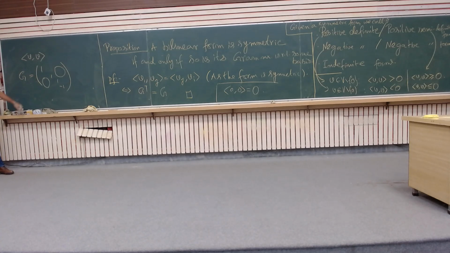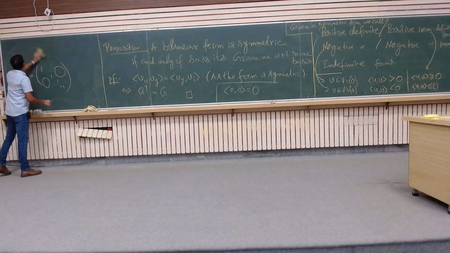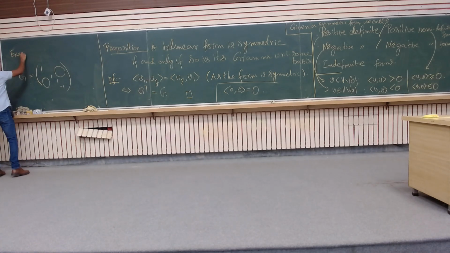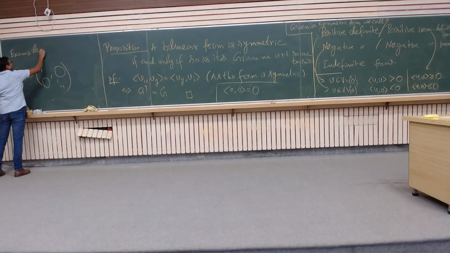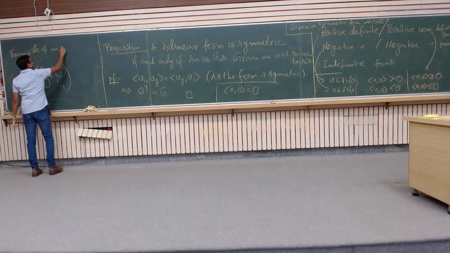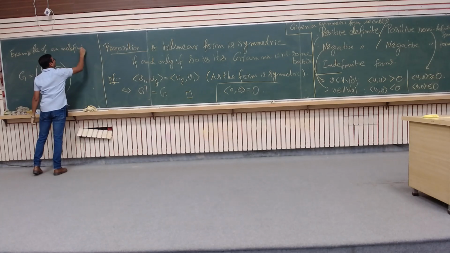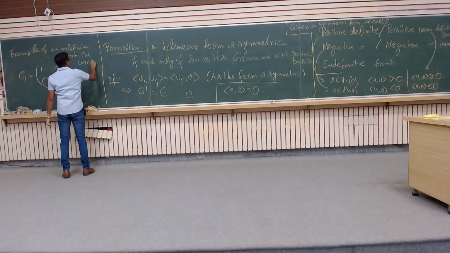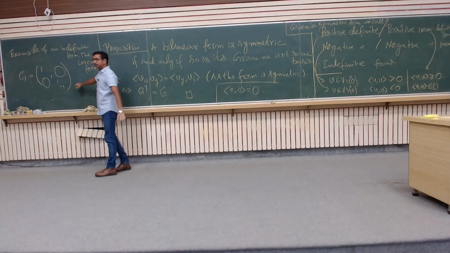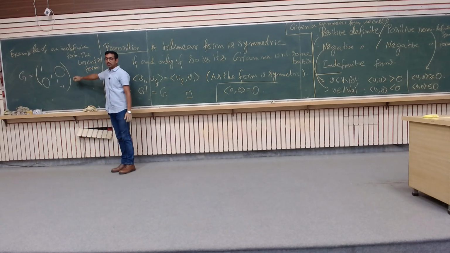Of course, it's a symmetric one, but this will give you an indefinite form. So this is the Lorentz form, an example of an indefinite form, whose Gram matrix with respect to the standard basis is given by this one.